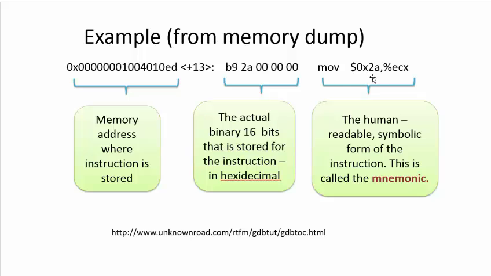This is where we were moving an asterisk, the value for an asterisk, which was an ASCII 2A, into a memory location somewhere, or actually into a register somewhere. This was the actual hexadecimal instruction right here, for which we assigned the human readable mnemonic, because move is a little bit easier to read than B92A000, right?